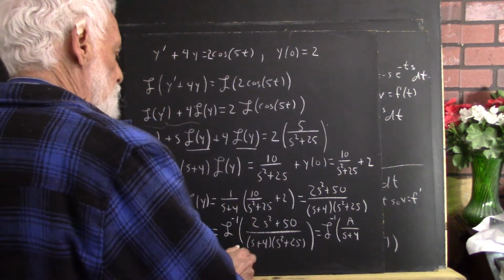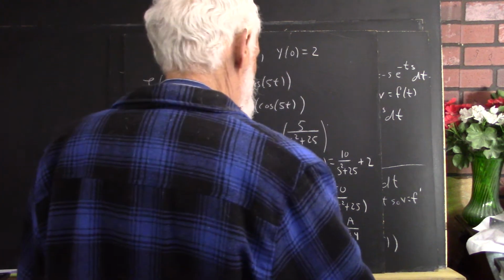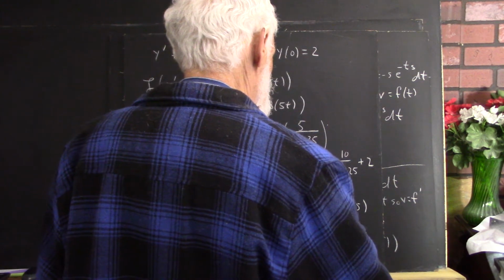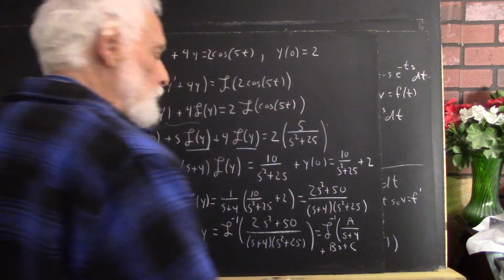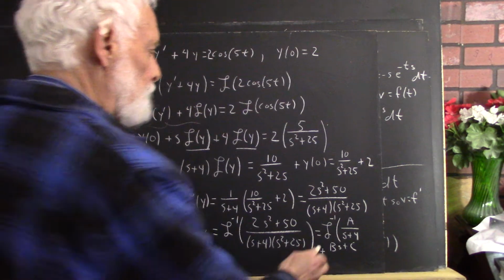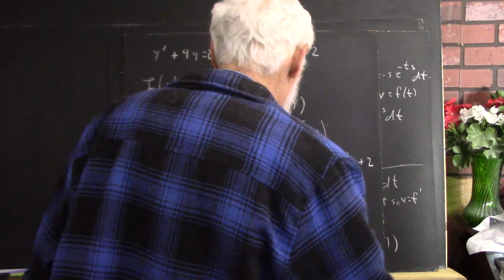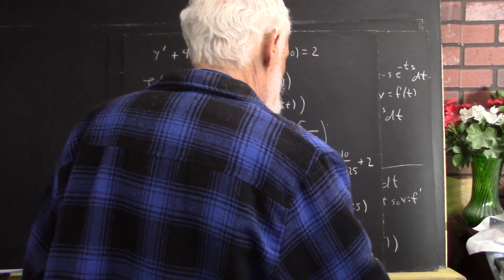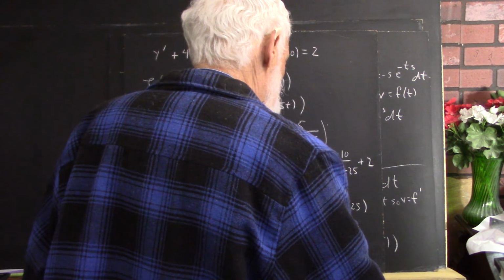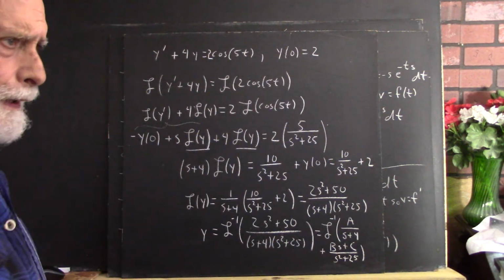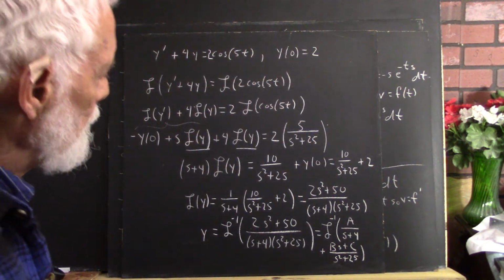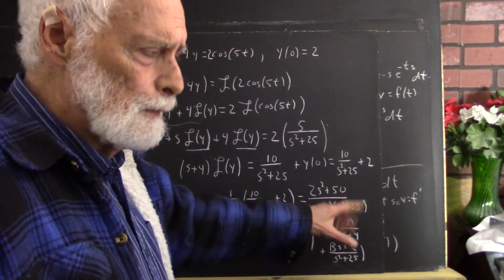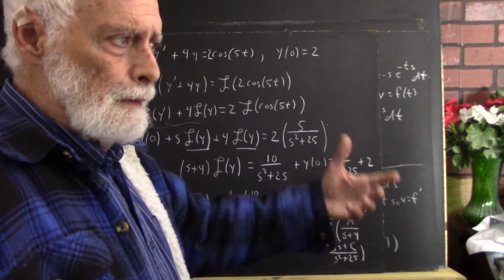You're going to have an a over s plus 4 plus bs plus c divided by s squared plus 25. We'll determine the values of a, b, and c using partial fractions.